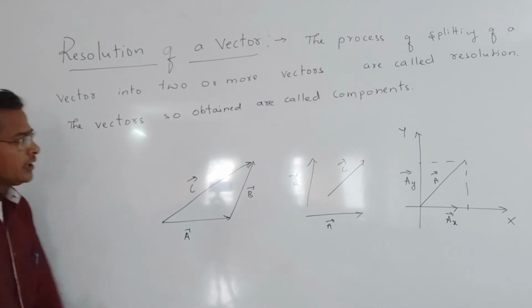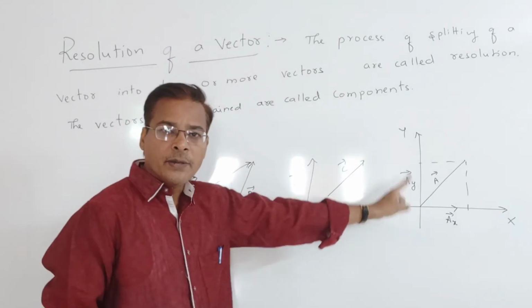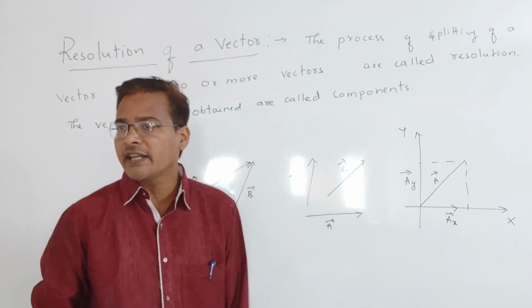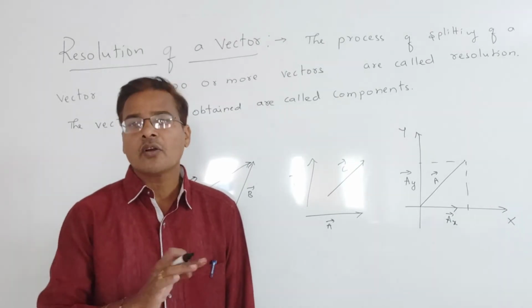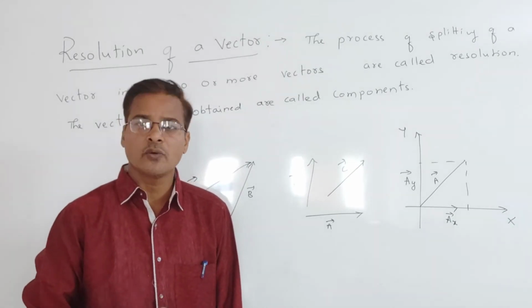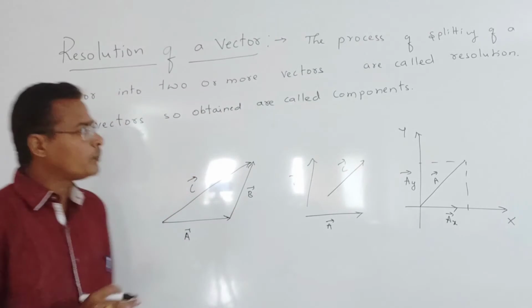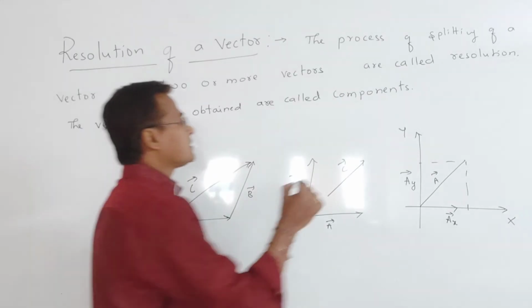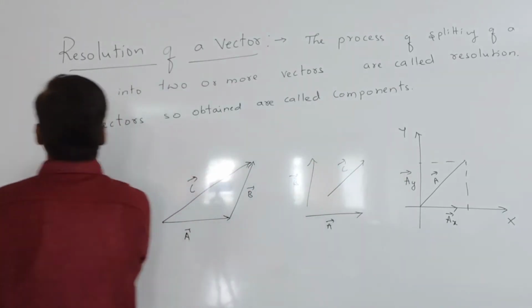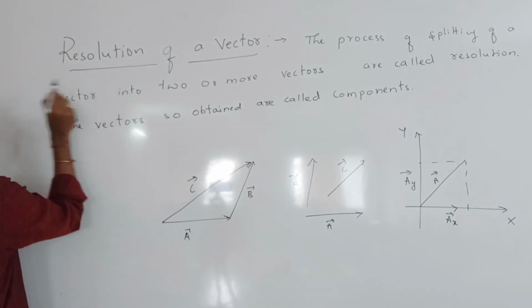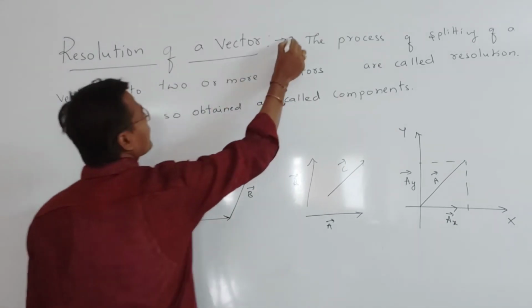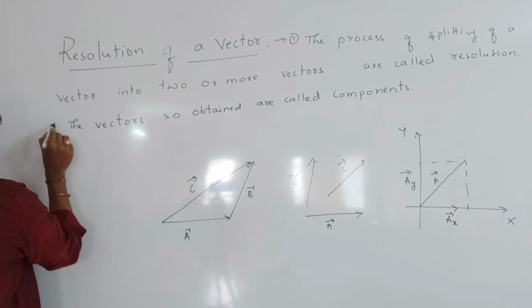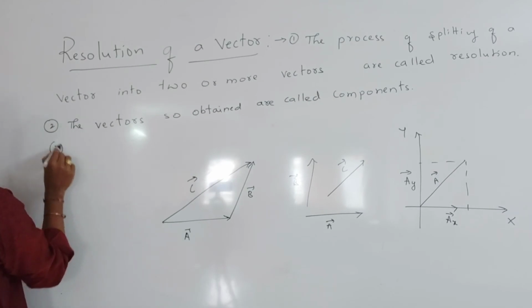Now when the components of a vector are perpendicular to each other, we call them rectangular components. Now I will write down what rectangular components means. This is the first point, second point, third point.